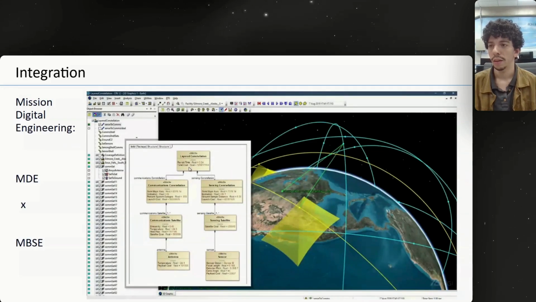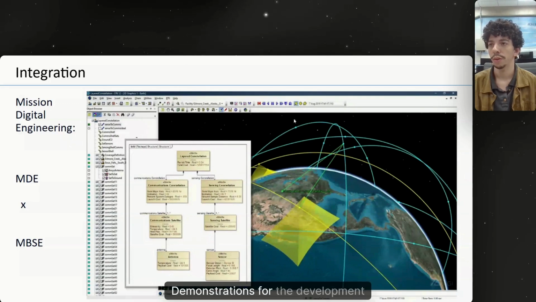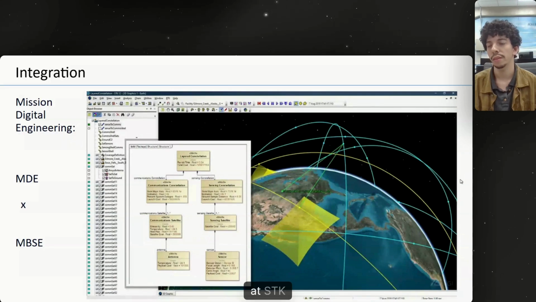And in this slide, we have demonstrations for the development at STK and Mission Digital Engineering or MDE. Okay, this is very important because our requirements are in development and they form and iterate, okay.